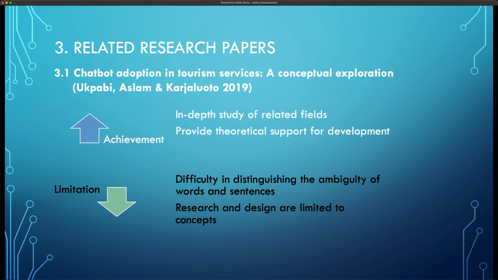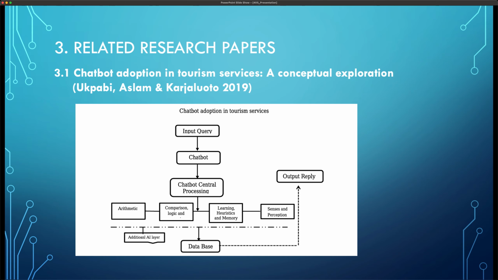However, this research is mainly conceptual, and its feasibility lacks practical support. Besides, it may be difficult to distinguish the ambiguity of words or sentences during the implementation process. This program illustrates the new model related to this research.